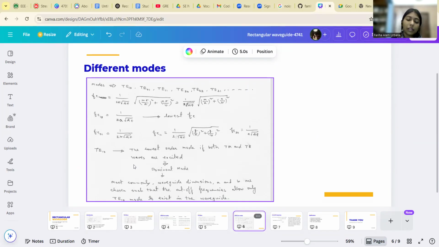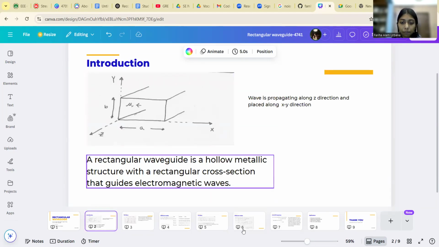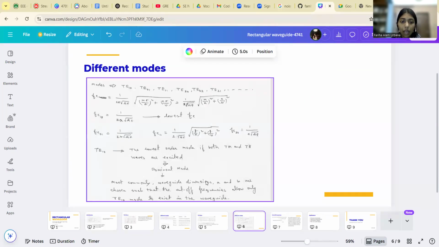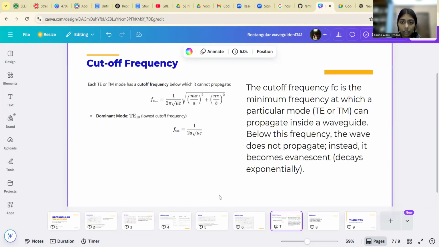If we rewrite the sentence, most commonly waveguide dimensions A and B, that we have seen in our main picture here, A and B, are chosen in such a way that the cutoff frequency allows only the TE10 mode to exist in the waveguide. So here may be a question: what is cutoff frequency? We'll be discussing it shortly.